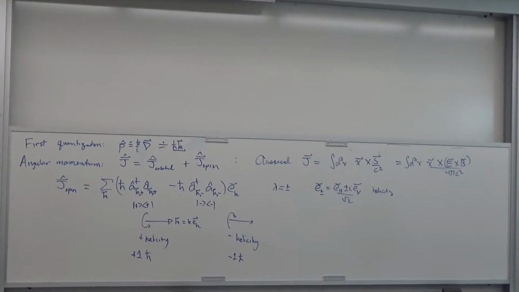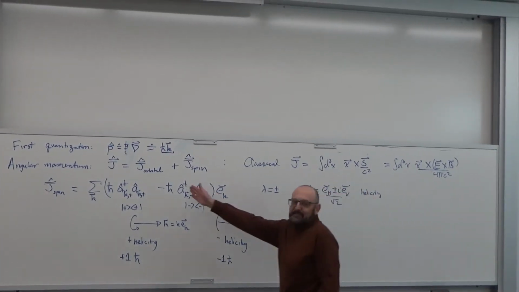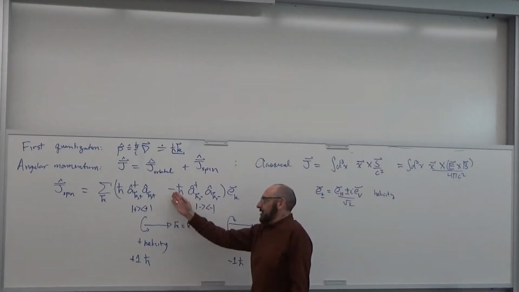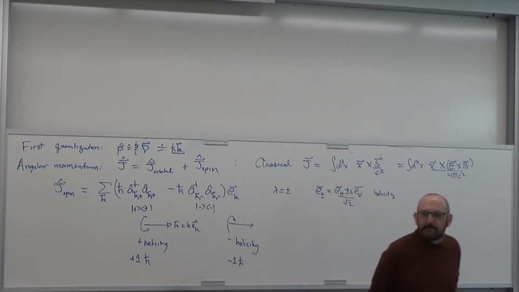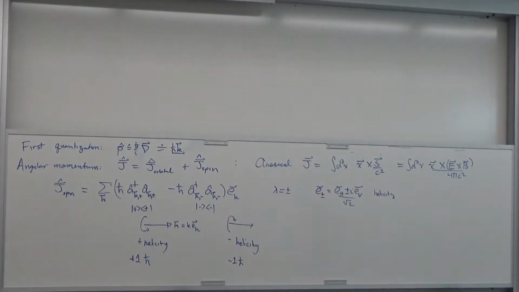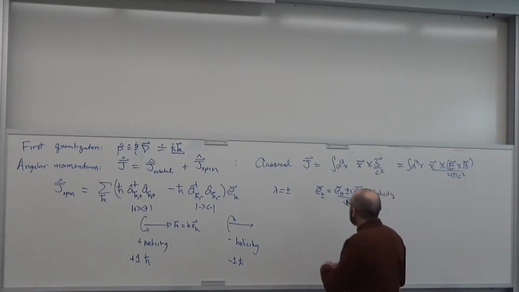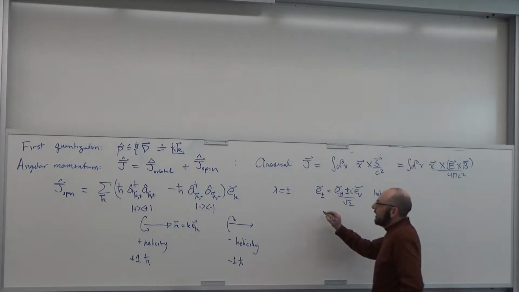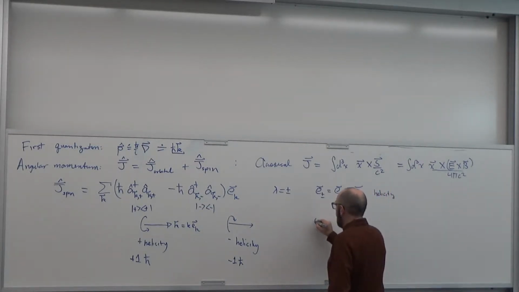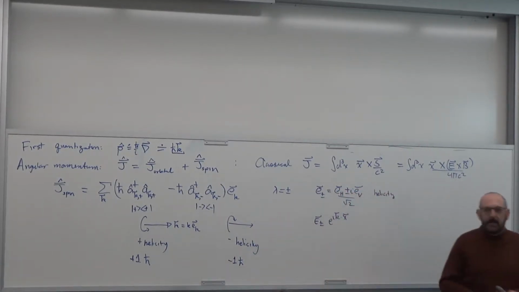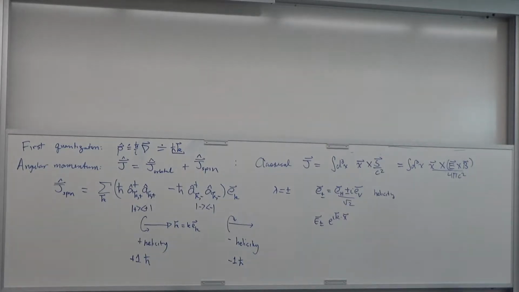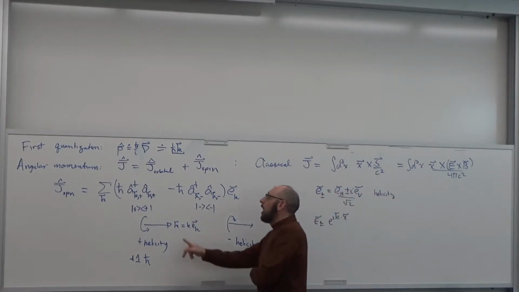Of course, the zero h bar term doesn't show up because it has zero h bar. So what we say is that if I have a photon prepared in one of these modes, it has a definite spin angular momentum projection. The projection of spin angular momentum along k.